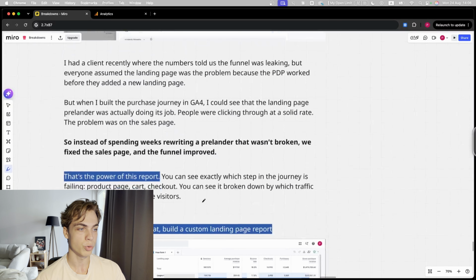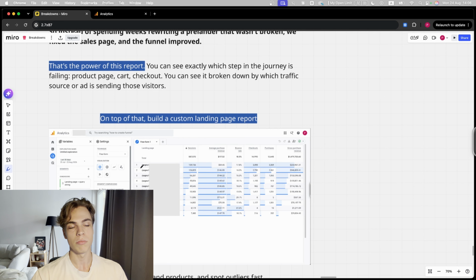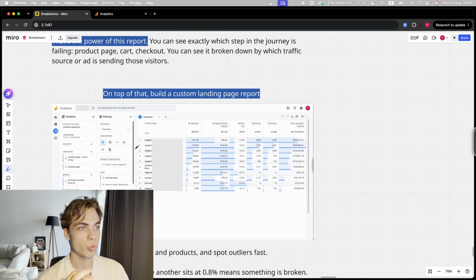Another very good thing that I like to build is a landing page report. If you have multiple funnels and multiple landing pages and want to see everything in more detail, build this out. You can see all of the pages that people are landing on, and things like the average purchase value, the AOV, the bounce rate that I talked about, the checkouts, the purchases, how much money it's made you, and the sessions.